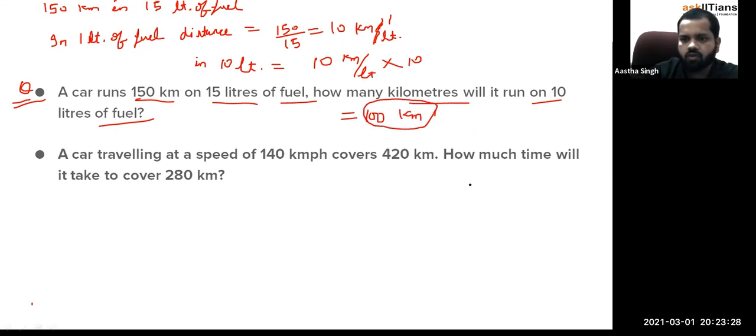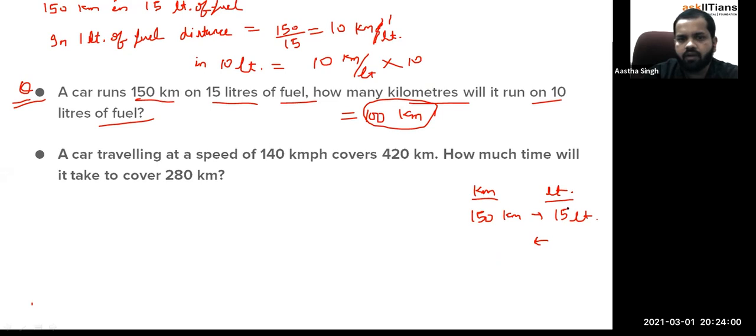I will show you a shortcut also for the unitary method. Write kilometer and here liter. The question gives 150 kilometers in 15 liters. Just write the units below their types: kilometers here, and liters here.